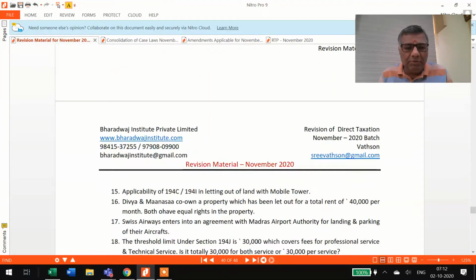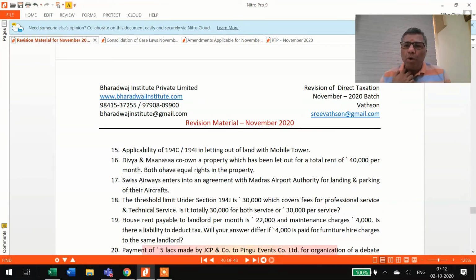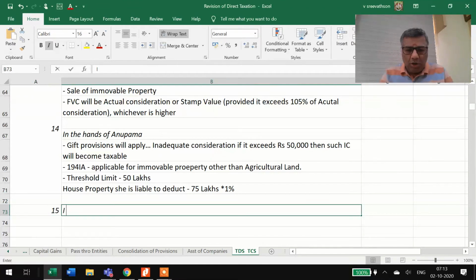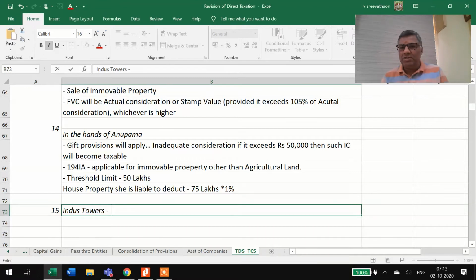Question 15. Applicability of 194C or 194I in letting out of mobile towers. I am talking about Indus Towers. The law says it is letting out of plant, machinery and equipment.